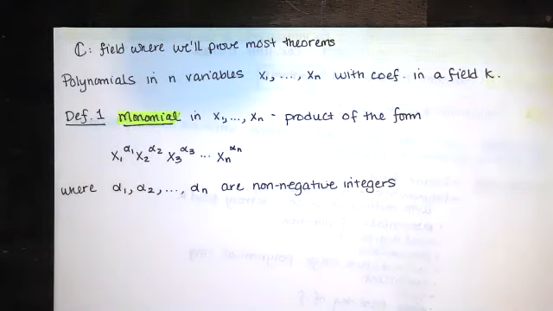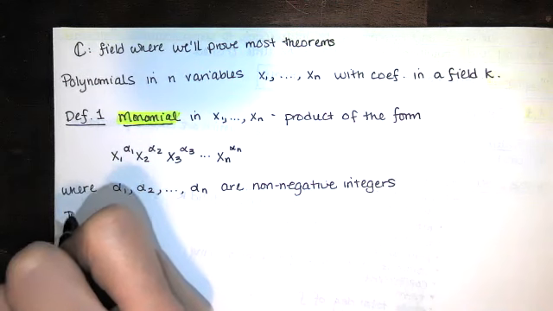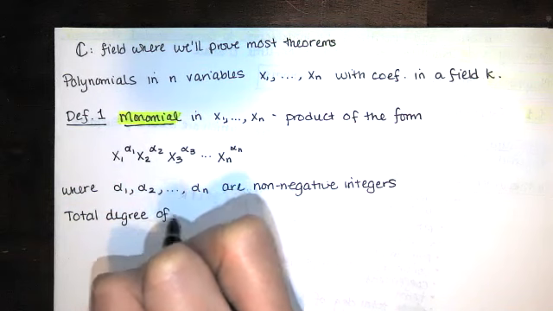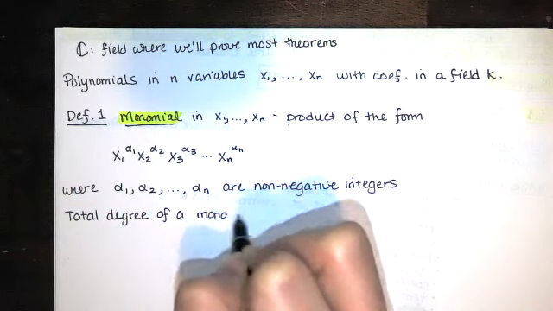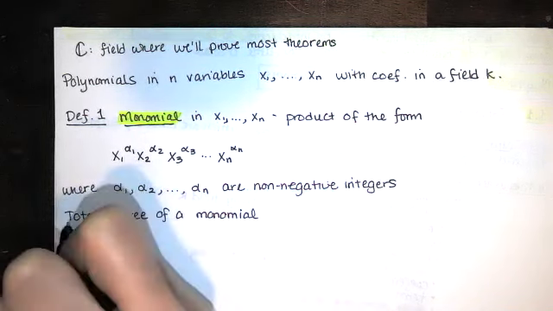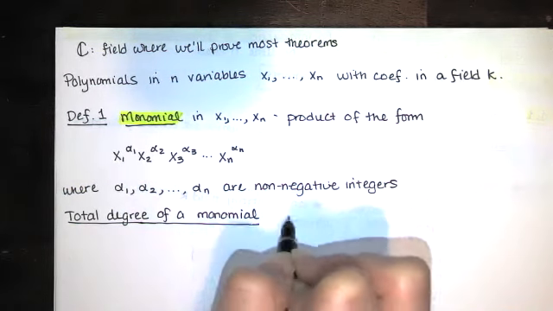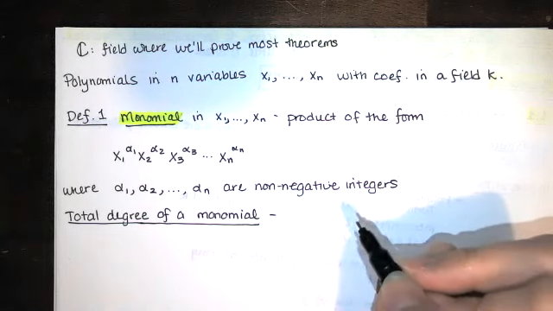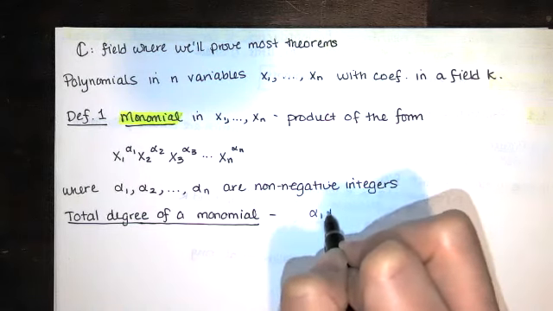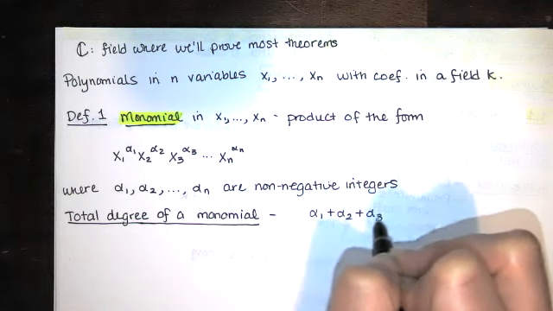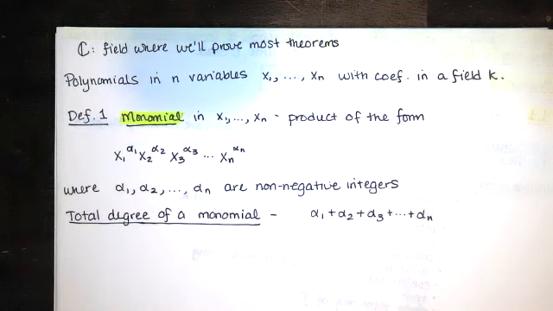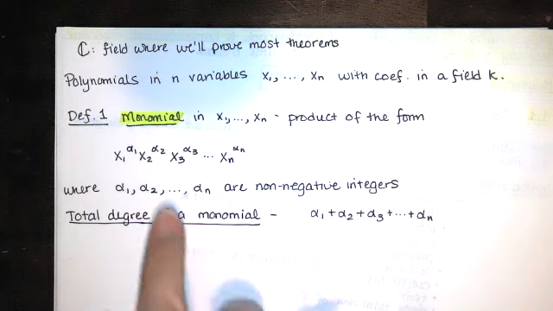And the total degree of a monomial is just what you would expect. You just add the exponents. It's alpha sub 1 plus alpha sub 2 plus alpha sub 3 all the way through alpha sub n. Okay, now in order to simplify our notation, we're going to write this slightly differently.